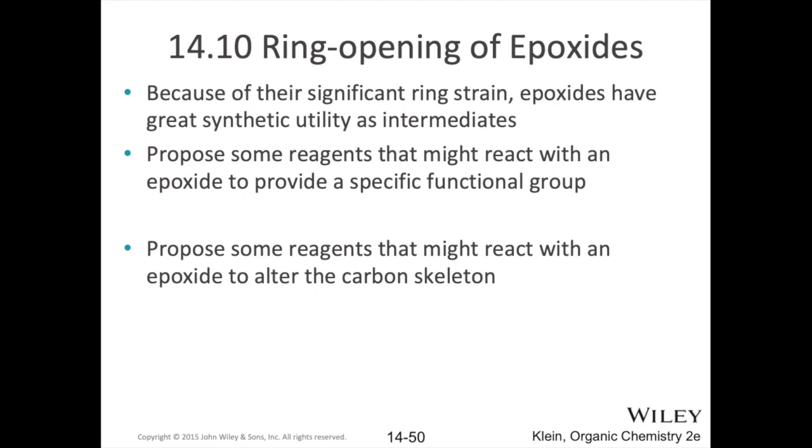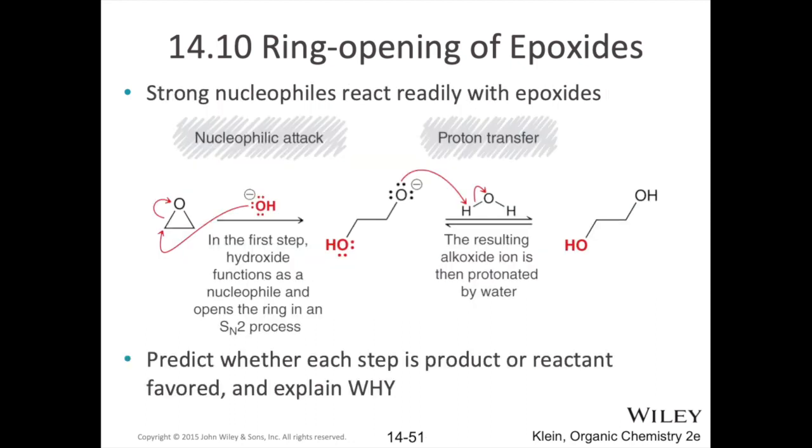Anyway, let's look at other ways we can react our epoxides. Typically, you want a nucleophile to attack one of your two carbons. Your nucleophile attacks your carbon, and it causes that bond to the oxygen to break, forming the corresponding oxide, which can then do a proton transfer and go on to form an alcohol group.